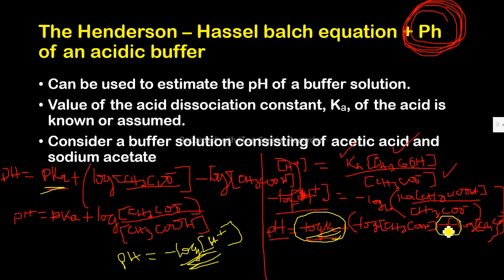Basing on your question, the way I've understood, after this turns into a positive, you see this is the undissociated acid, and this is our salt, the CH3COO minus. Now after this turning into a plus, here is the one that came first, and then minus log of C of the undissociated acid.